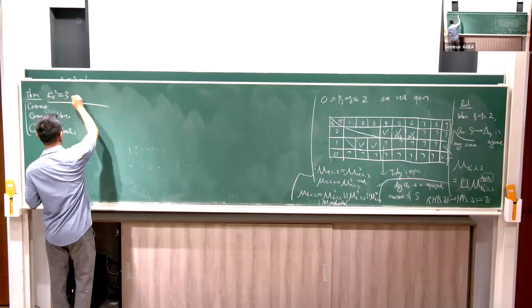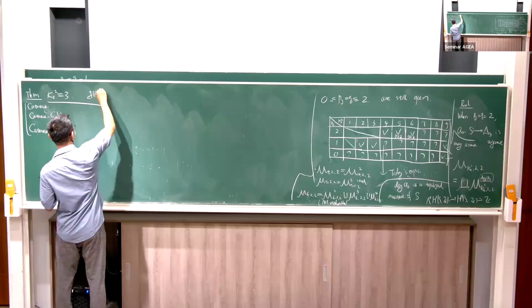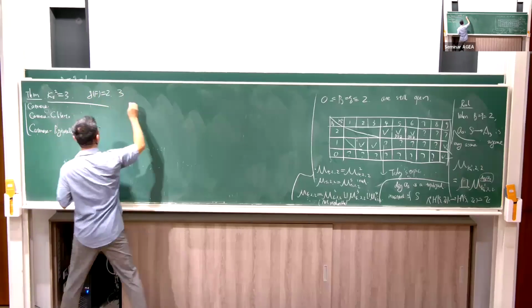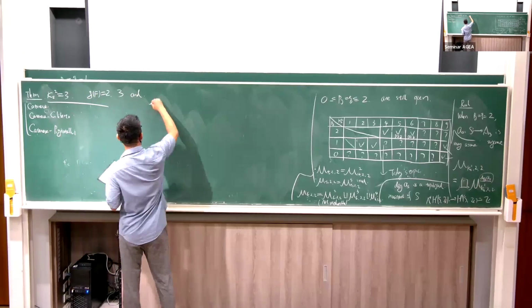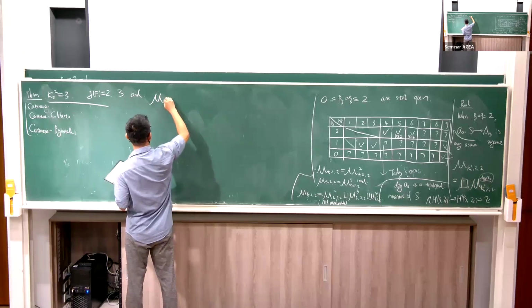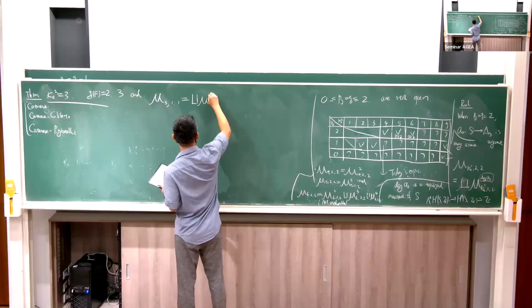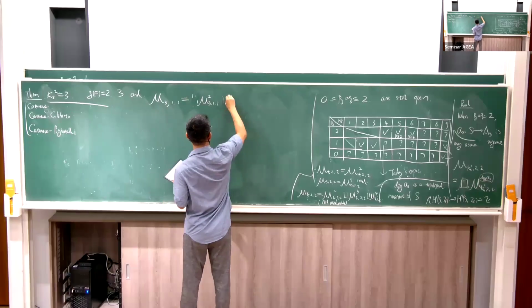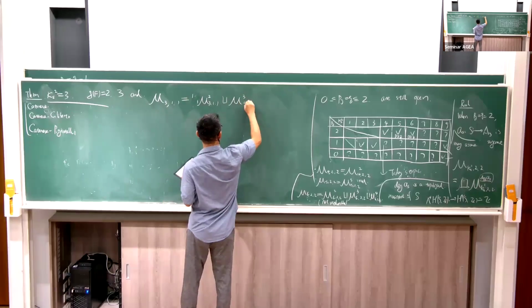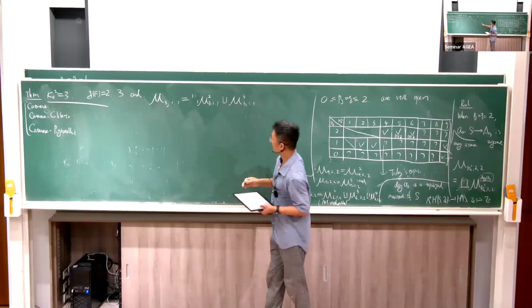So basically what they show is the genus of the fiber could be 2 or 3. And the moduli space can be written as a disjoint union of the two cases.